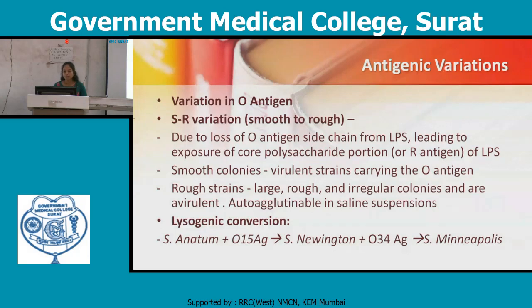Rough strains form large, rough, irregular colonies, are avirulent, and are autoagglutinable in saline suspensions. Second is lysogenic conversion: S. anatum plus O15 antigen gives S. newington plus O34 antigens, and S. minneapolis.